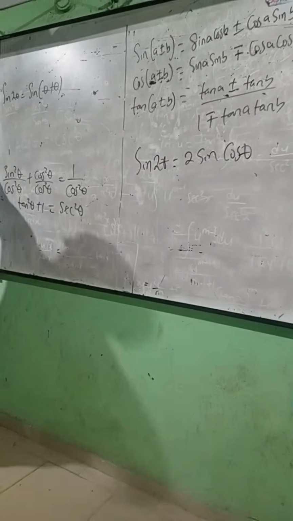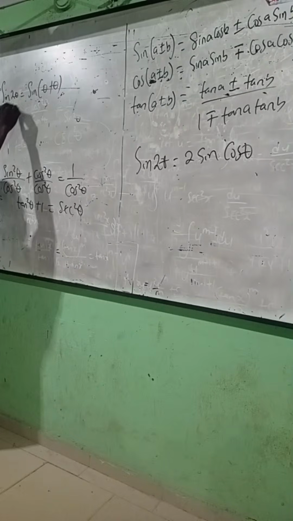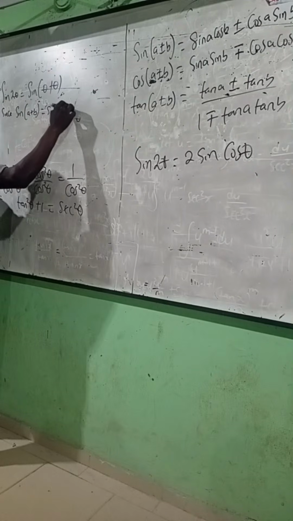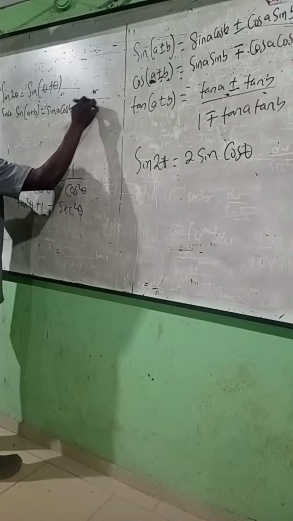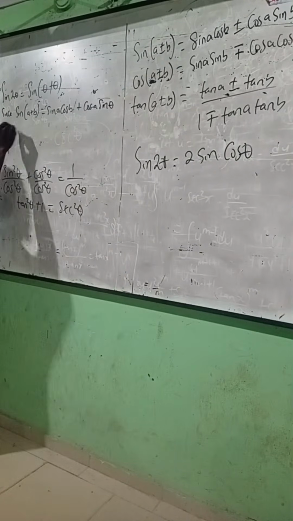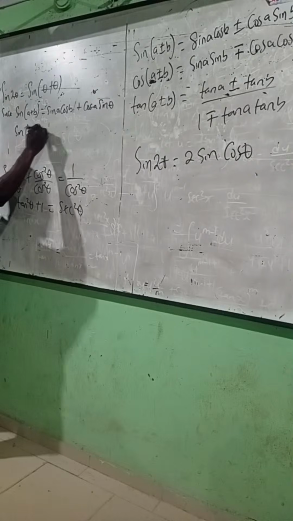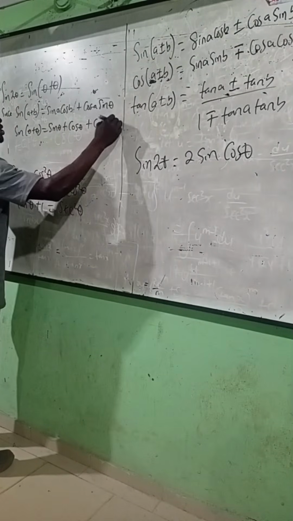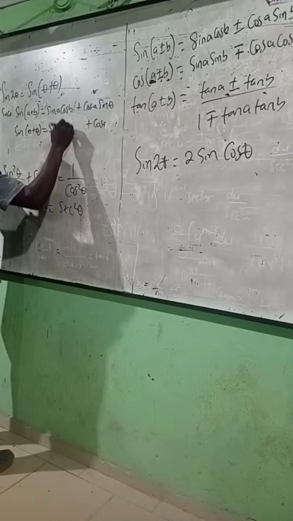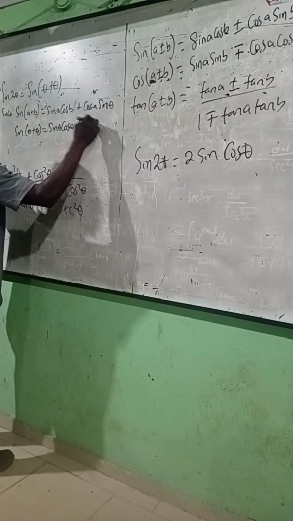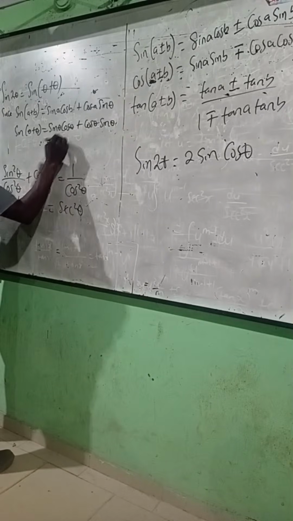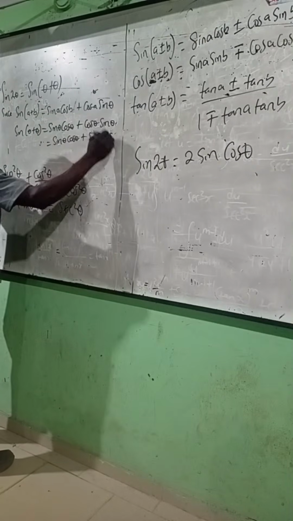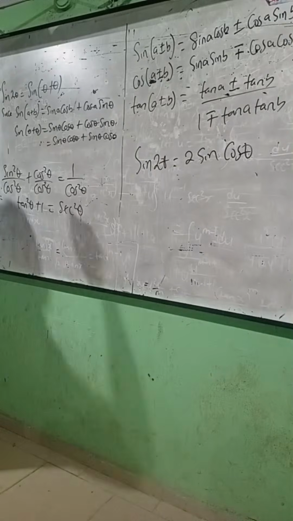Since sin (A plus B) equals sin A cos B plus cos A sin B, sin (theta plus theta) equals sin theta cos theta plus cos theta sin theta, which is the same thing as sin theta cos theta plus sin theta cos theta.